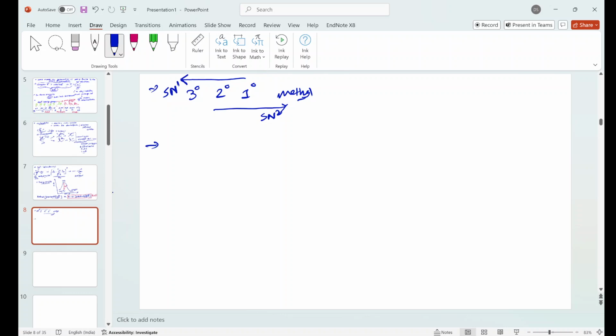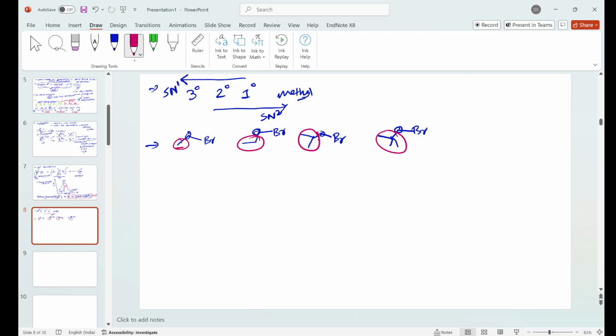Like to compare between ethyl bromide, propyl bromide, bromide with an isopropyl group here, and you have a tert butyl group at the end. So you can see that this carbon alpha to the bromide is the same, but the bulkiness is changing here. There is only one, two, isopropyl, tert butyl. So bulkiness is getting increased.